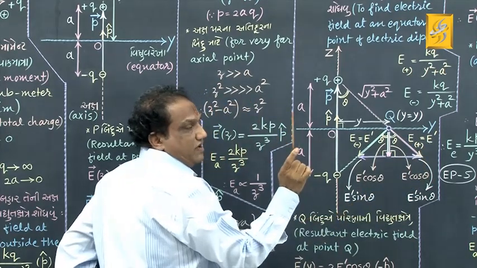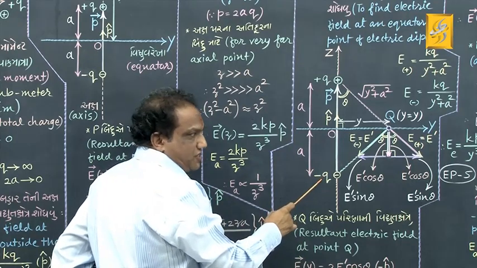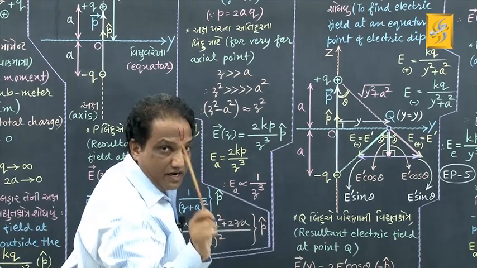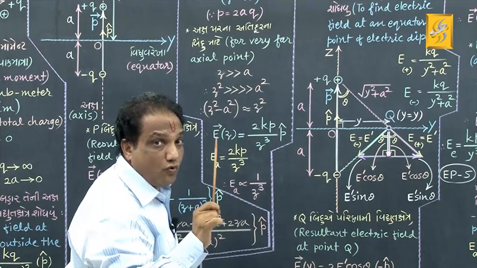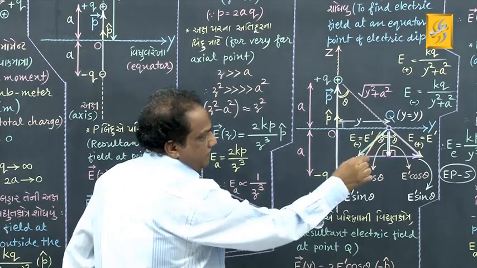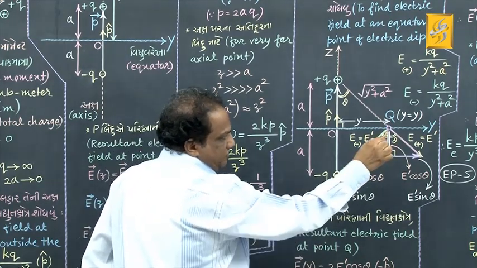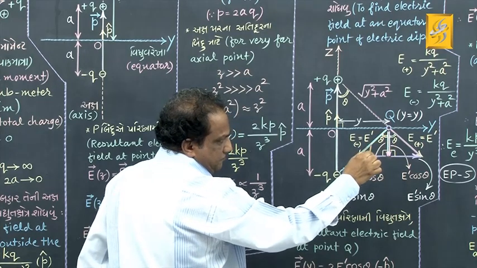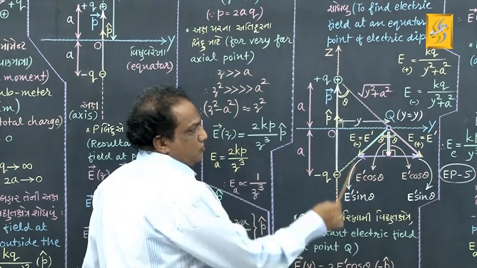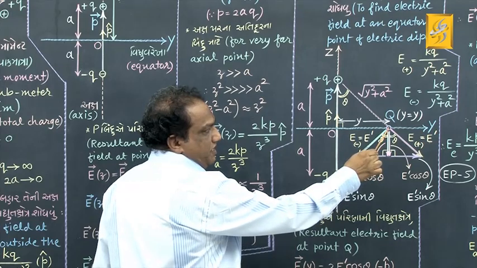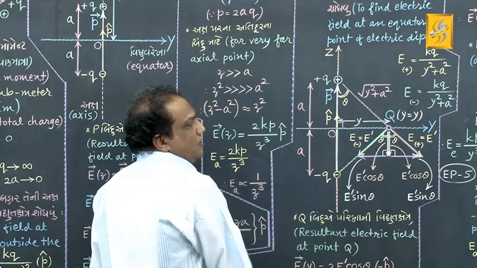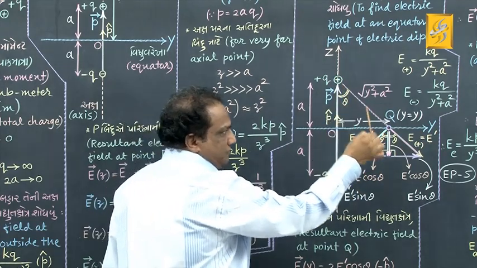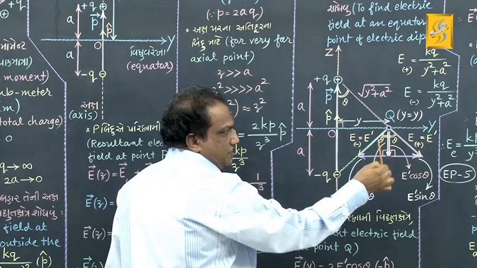And what about the direction of the electric field produced due to this negative charge? For a negative charge, the electric field is in the direction towards the negative charge. So at this very point, it is towards this negative charge, this way. Correct? Fine. So I am writing here E negative, which is pointing in this direction. For a positive charge, away from it. For a negative charge, towards it.